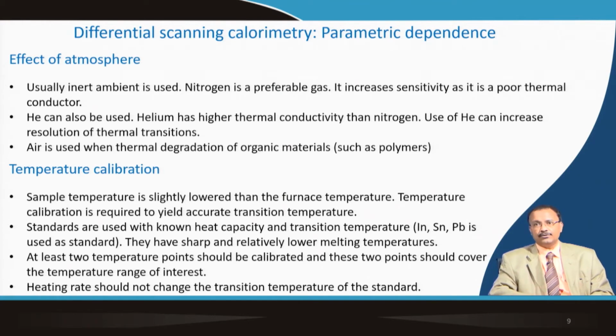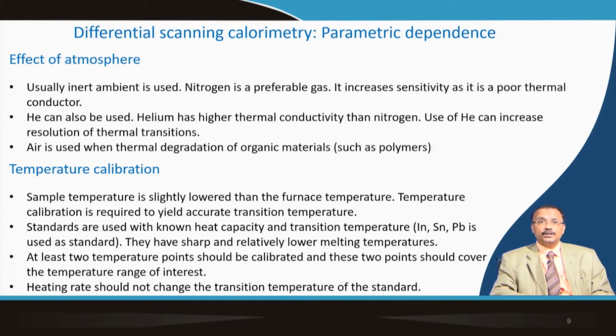Very accurately, you can achieve thermal transition by using helium. When a decomposition reaction is taking place, one can use air when you want to know the thermal degradation of organic materials. Then the air ambient is used.